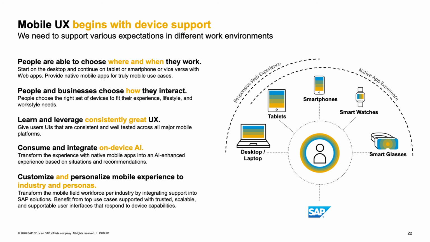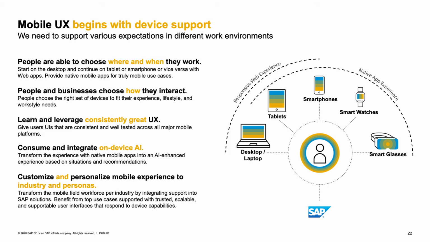But then, of course, you can get this web experience down via responsive web to tablets and even to smartphones. But if you have identified, like what we just talked about, a true mobile persona, which has to execute tasks and potentially the entire day on a mobile work environment, then of course that persona qualifies for native experience. And that means a native mobile application.